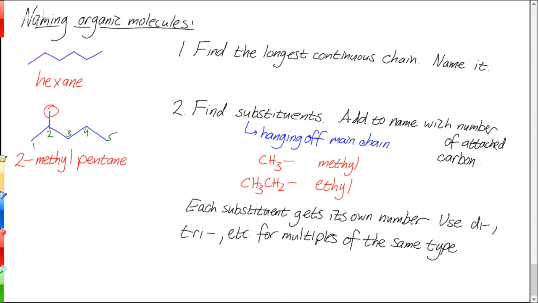Okay, so if that's 2-methylpentane, then how would we name this other one that we drew? Yes, so this one would be, everything else would be the same, except now that methyl substituent is on 3 instead of 2. It's 1 carbon over. Carbon 3, yeah.